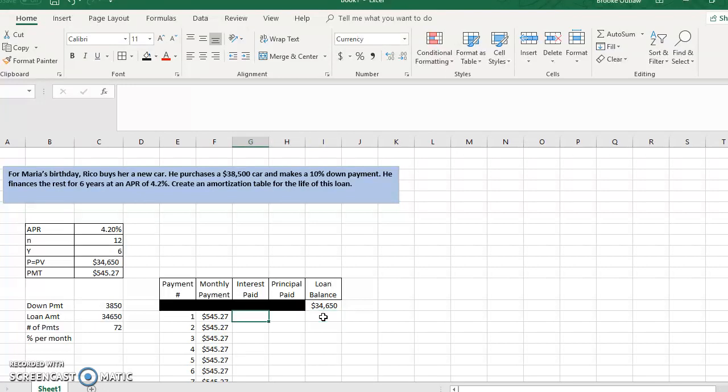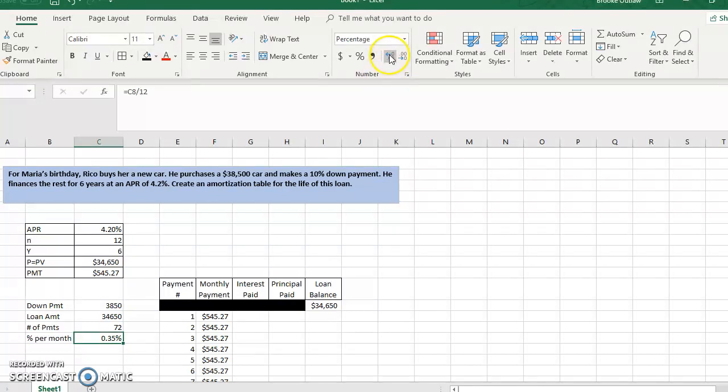So the interest paid, Rico is going to be paying the interest on whatever his current loan balance is. That's how the interest works. But he's only paying the monthly interest rate. We have the annual percentage rate, which is what APR stands for. That's 4.2% a year. So to figure out the percent per month, we can take our current APR and divide it by 12 to get 0.35%.